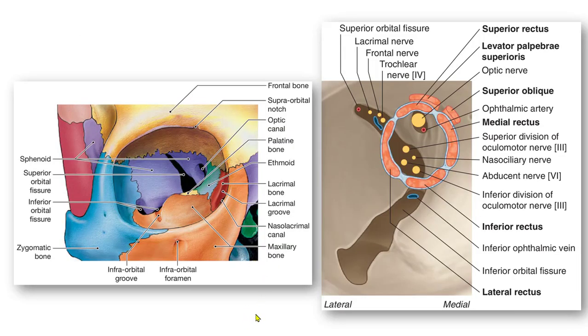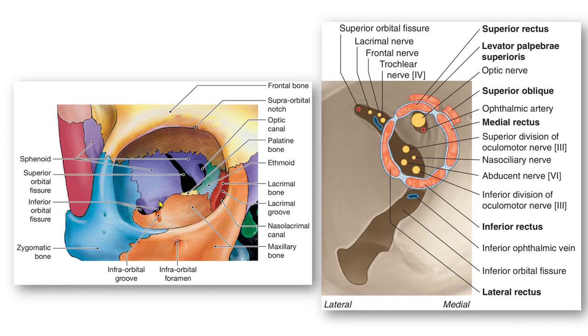If we move further into the orbit, we'll find several other bones that also contribute to its walls. The sphenoid bone, seen here along the posterior wall of the orbit. The greater and lesser wings are forming a large portion of the posterior wall of the orbit.